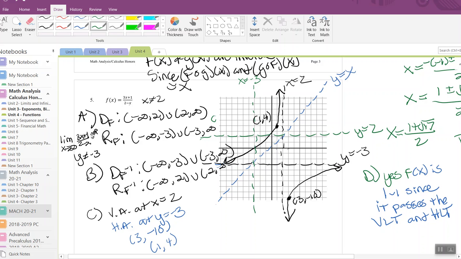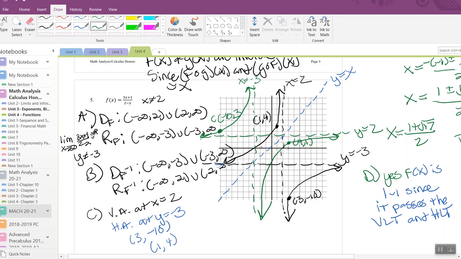So there's our vertical asymptote. And then you switch the x's and y's. So instead of 1, 4, it's 4, 1, which is right here. And then notice it's going to go towards there and towards there. And then 3, negative 10 becomes negative 10 and 3.